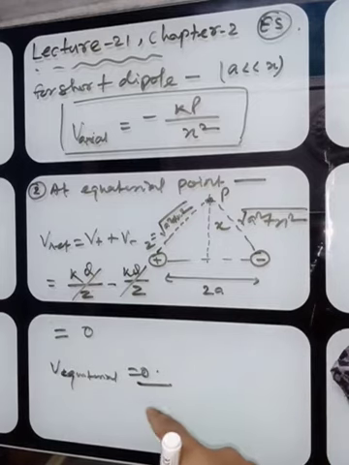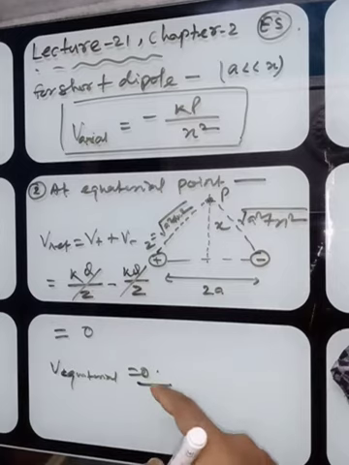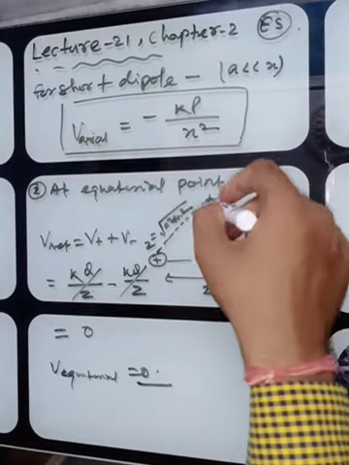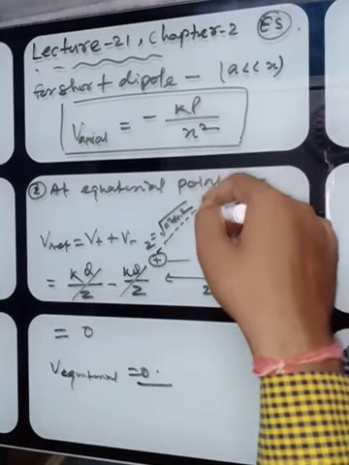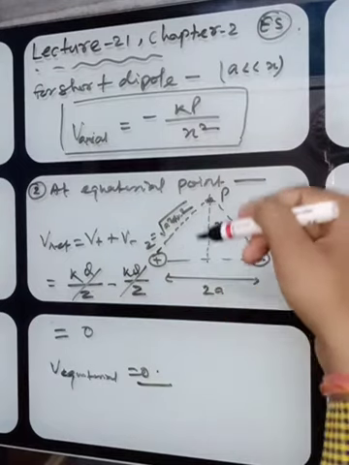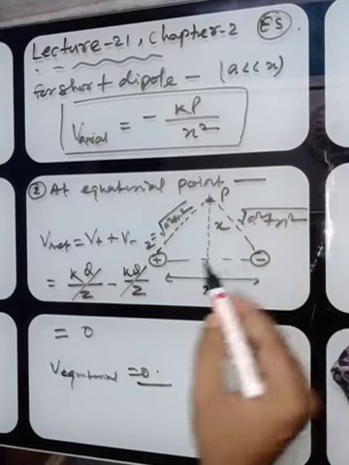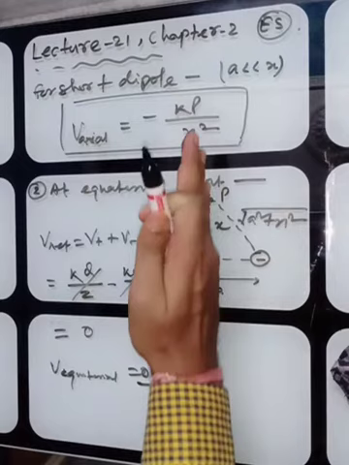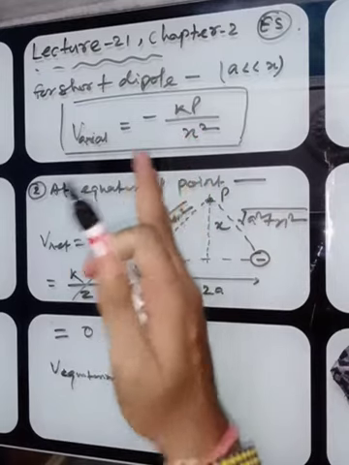And if it is zero, then you can say, my dear students, that even at any point of the equatorial plane you will get the net potential zero. It means this plane between these two charges is an equipotential surface.